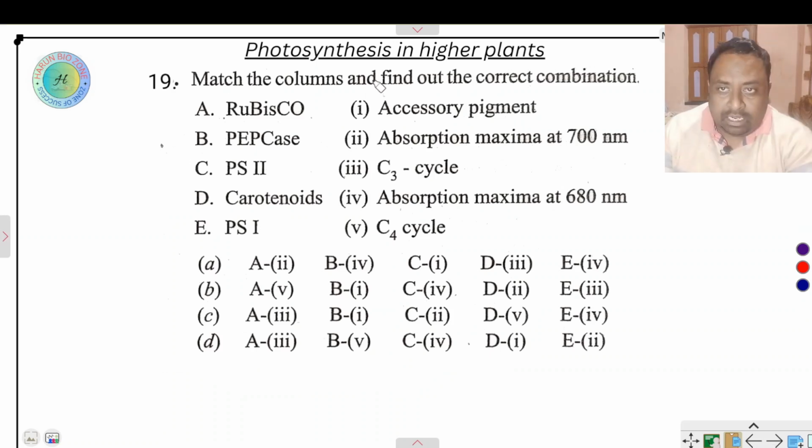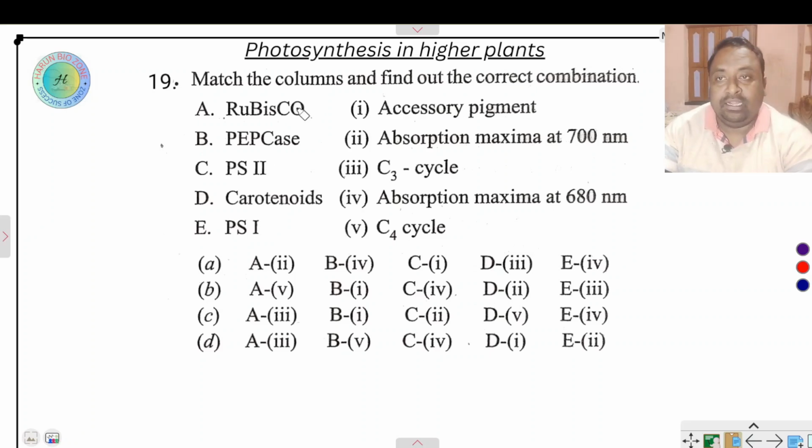Okay, match the column and find out the correct combination. Rubisco is the most abundant enzyme on this earth. This enzyme has a bifunctional effect, that is Rubisco, ribulose bisphosphate carboxylase and oxygenase. So it absorbs both carbon dioxide and oxygen.